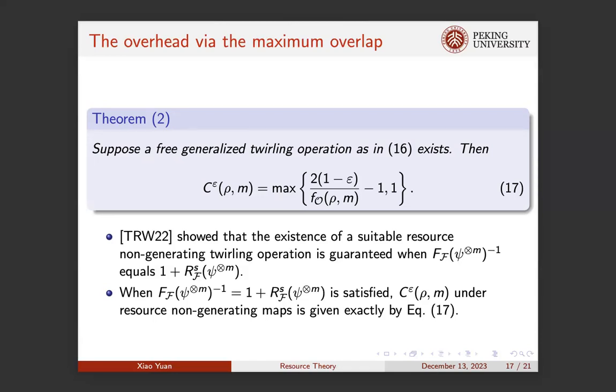In this paper, they show that when this condition holds, the generalized Turing operation exists. Then when this condition holds, we could also analytically relate the overhead with the resource monotone.